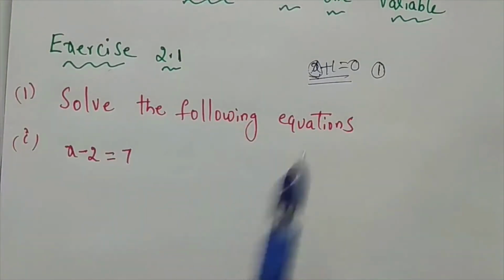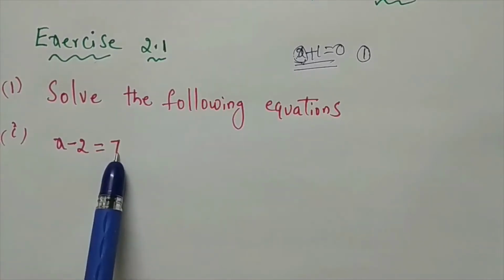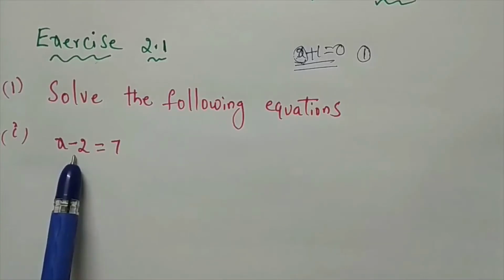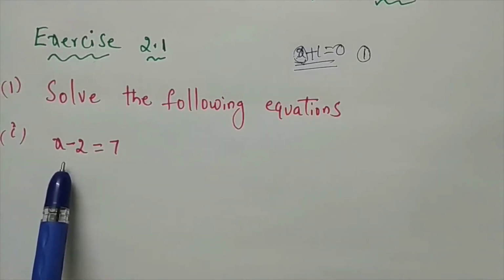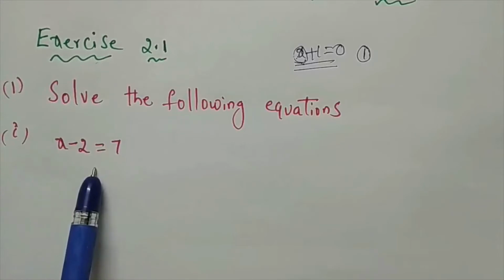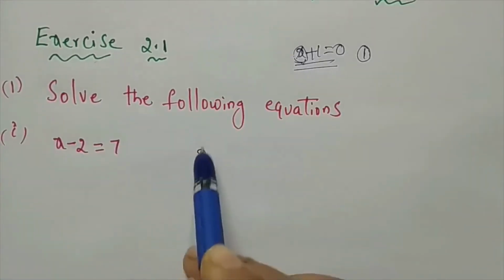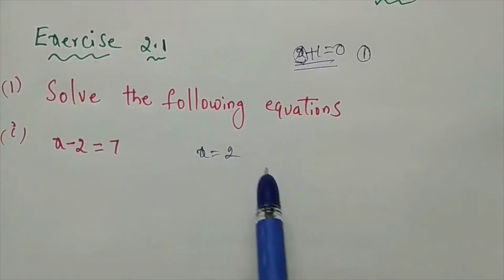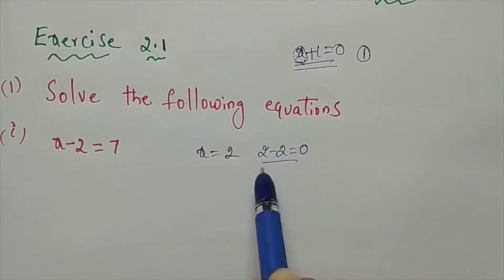Solve the following equations. The first equation is x minus 2 is equal to 7. So what is the solution of this linear equation? What is a solution of a linear equation? A solution of a linear equation is that which satisfies the given condition. See, if we take x is equal to 2, for example, 2 minus 2 is how much? 0.